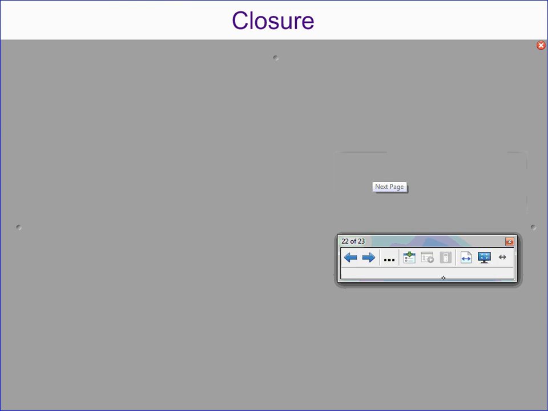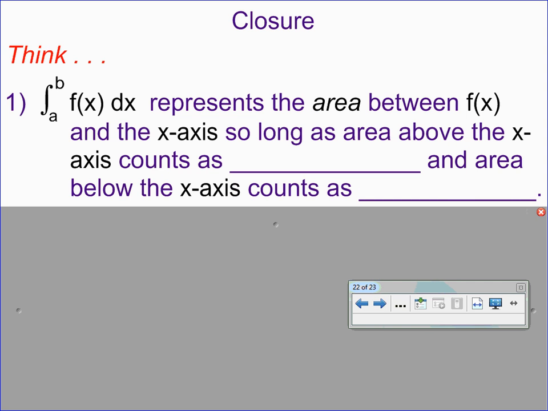Okay, ladies and gentlemen, that brings us to our closure. So I want you to go ahead and fill in the blanks and be ready to share. The integral from a to b of f of x represents the area between f and the x-axis, so long as the area above the x-axis counts as blank and the area below the x-axis counts as blank.